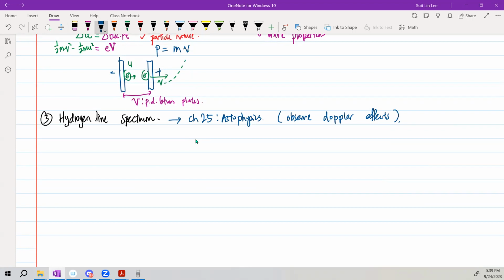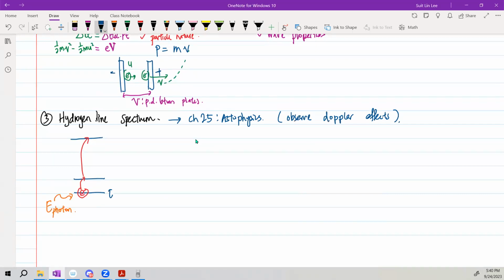But I just want to say that whenever you have an electron, let's say this is the line transfer, it can absorb energy to transition up. This energy is in the form of a photon.